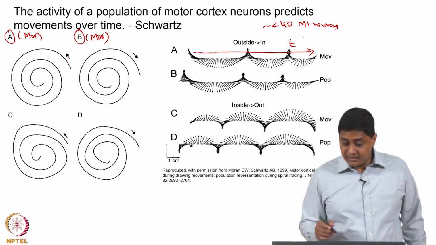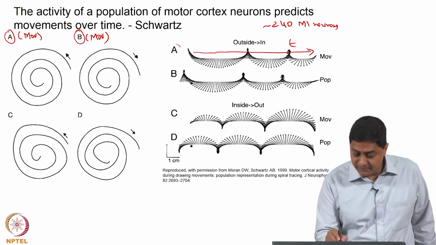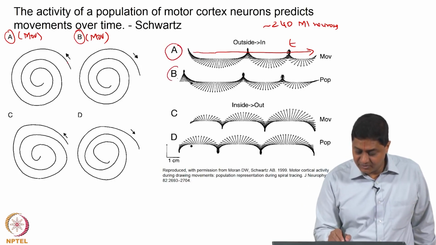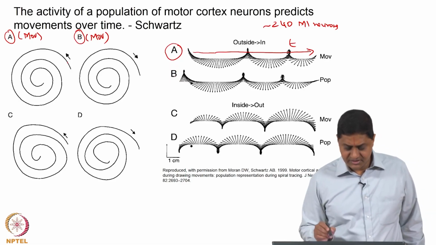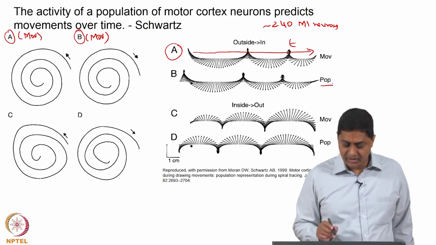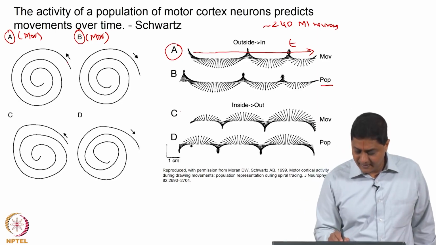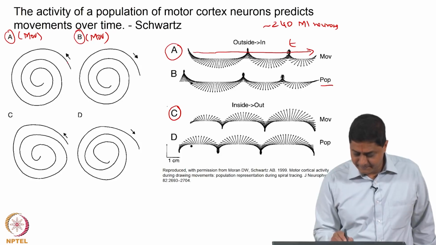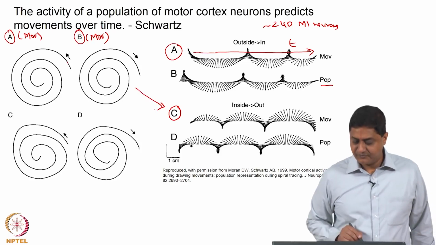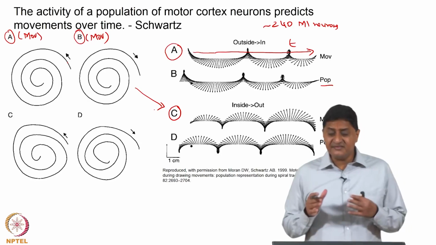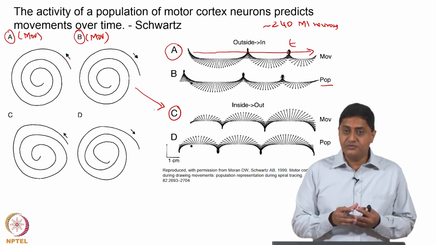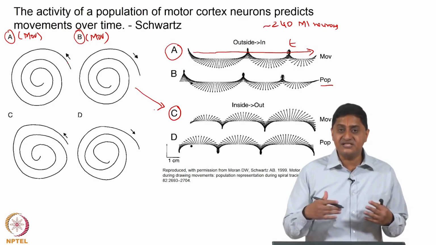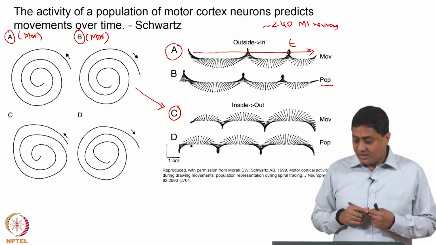That is for movement A and this is for movement B. Again, this is population activity. This is the decomposition of the actual trajectory into the instantaneous directions and velocity vectors.